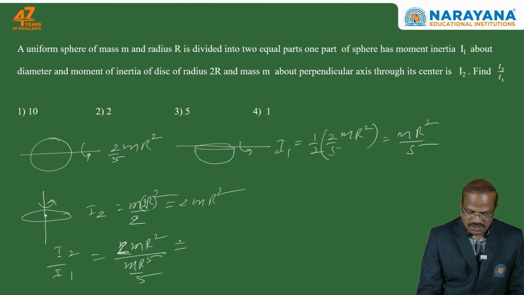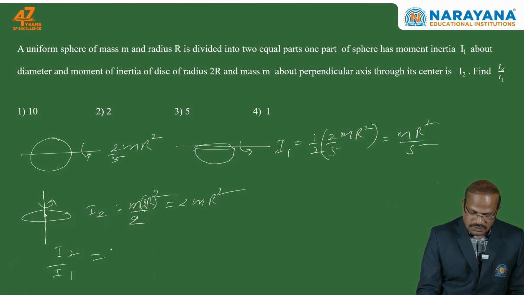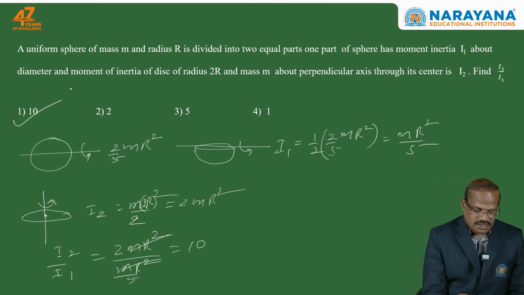So I2 is 2m r square, I1 is m r square by 5. So this becomes 10. This m r square we can cancel. So the answer is 10.